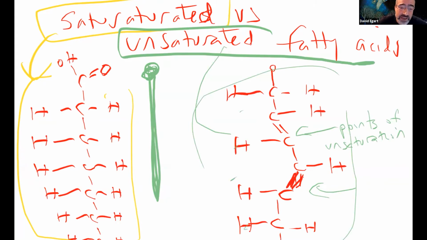What I've drawn here, I don't know if that's a real fatty acid. I'm kind of making this up. What really matters is this idea that it's not saturated, and wherever there's a point of unsaturation, wherever there's this double bond, the tail kinks.